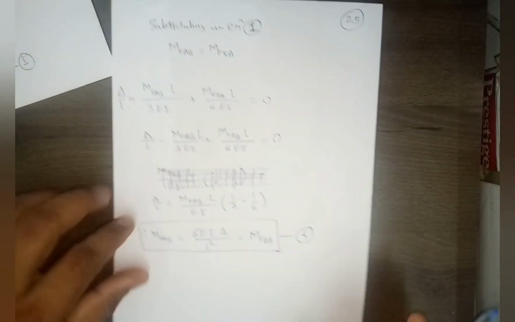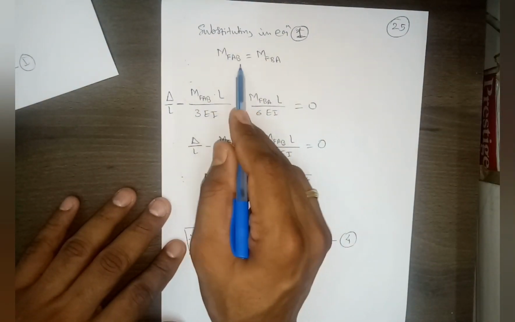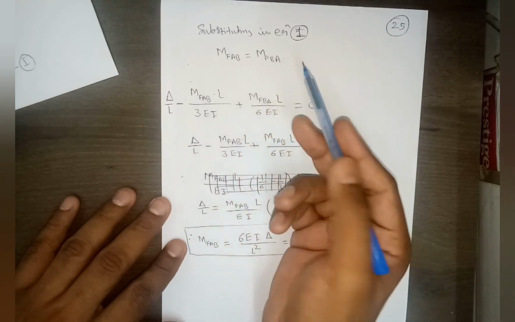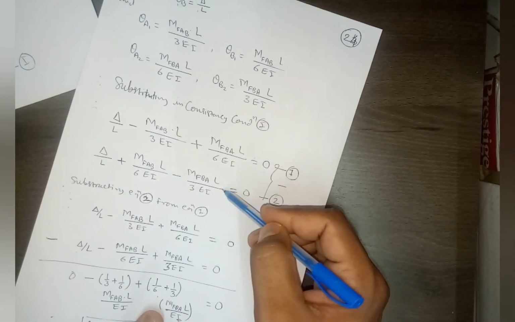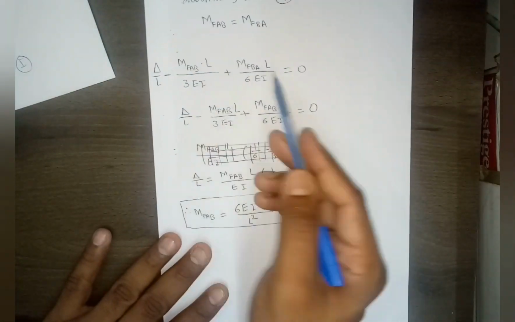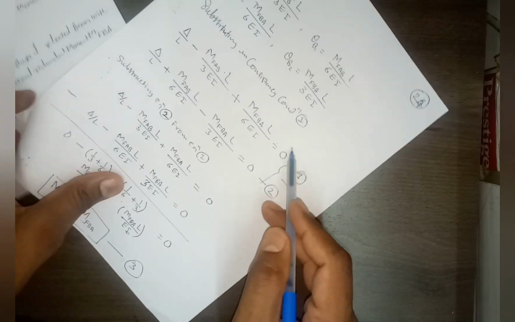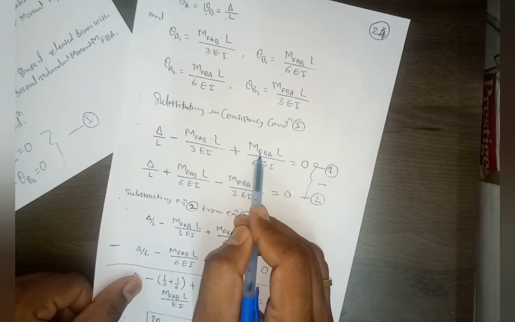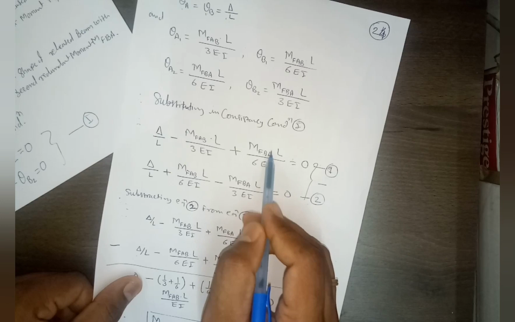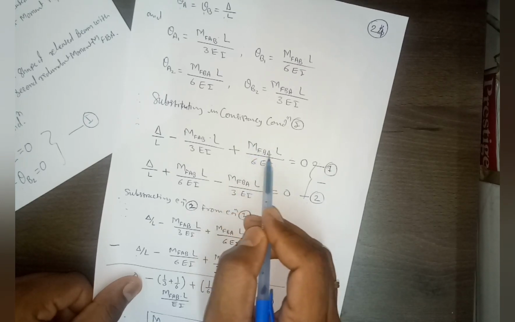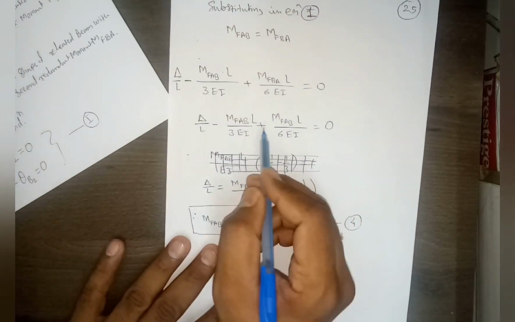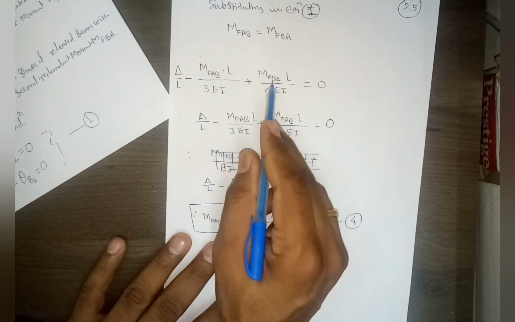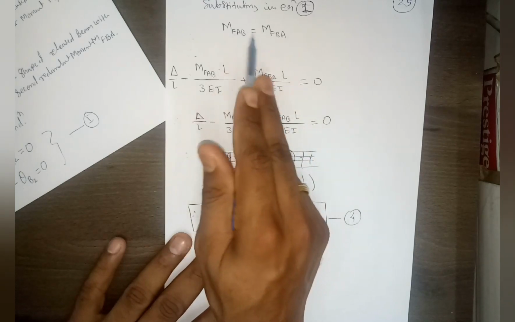After that, we'll substitute MFAB equal to MFBA in any one of these equations. Either you substitute here or here, and we'll get the answer. So I'm substituting it in equation number 1. Instead of MFBA, I'll be writing MFAB now, since they are equal.